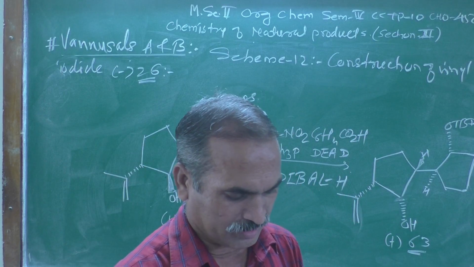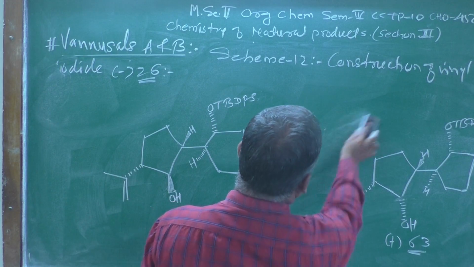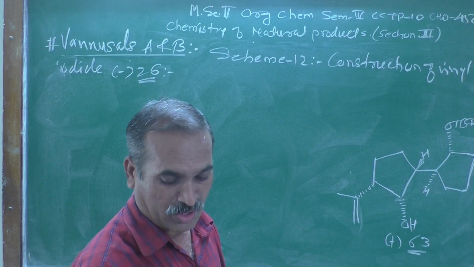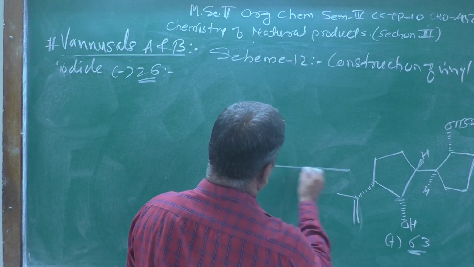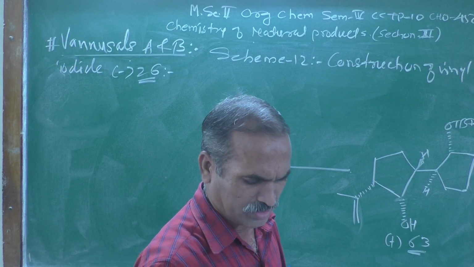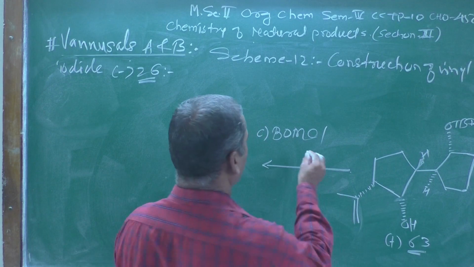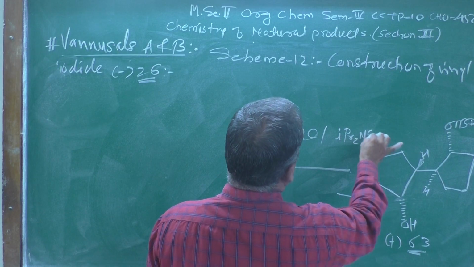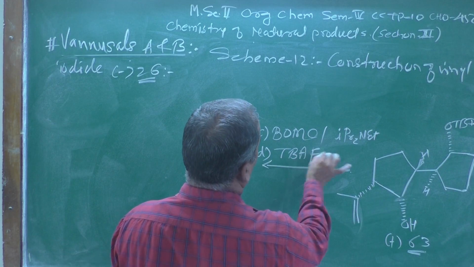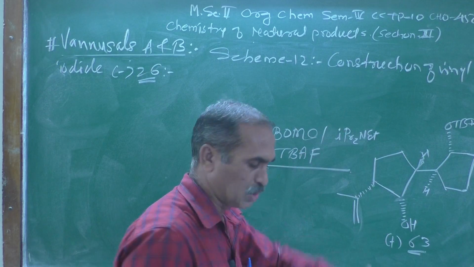Now after this 63, when we add the reagents, don't miss out the connectivity, you must remember. Now I am showing the reagent C, which will be BOM chloride in the presence of iPr2NEt, followed by reagent D, that is TBAF, tetrabutylammonium fluoride. BOM means benzyloxymethyl chloride, that is the full form.